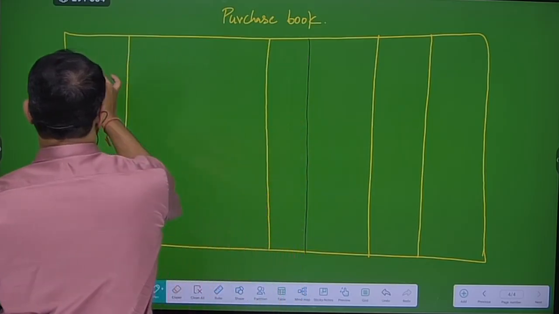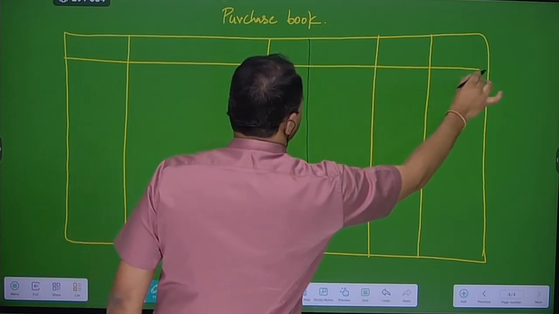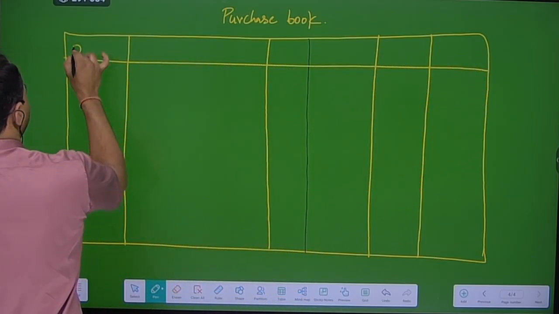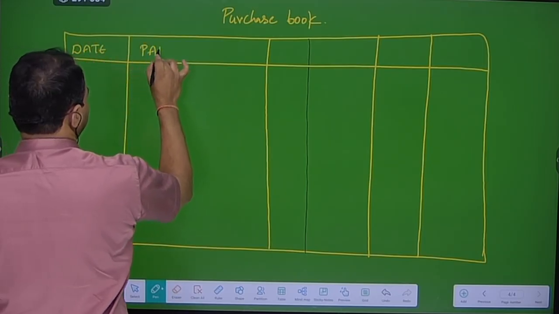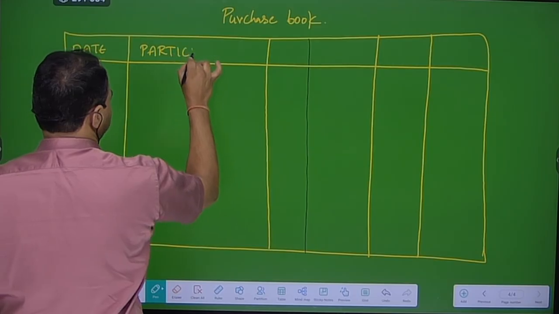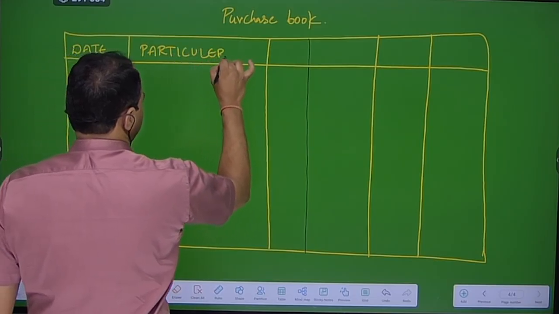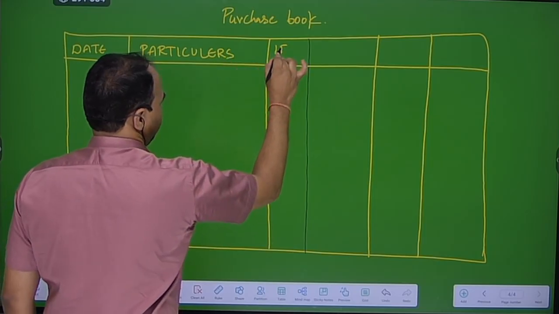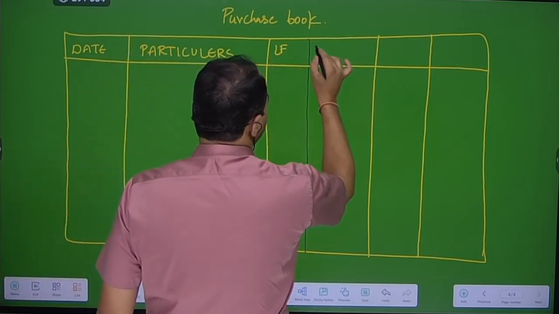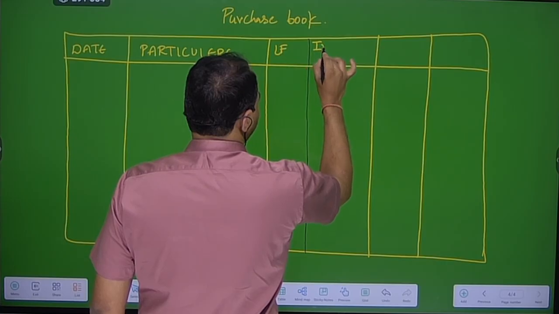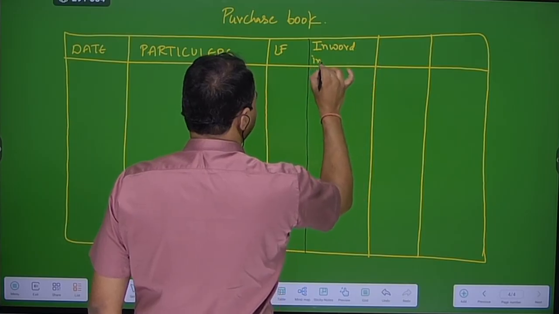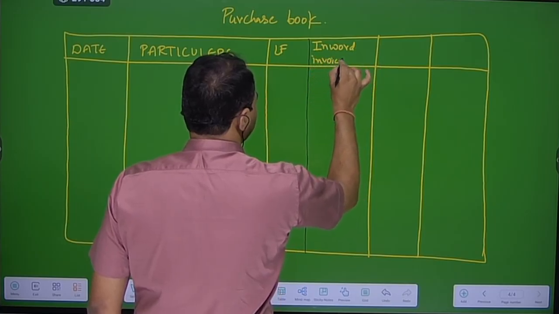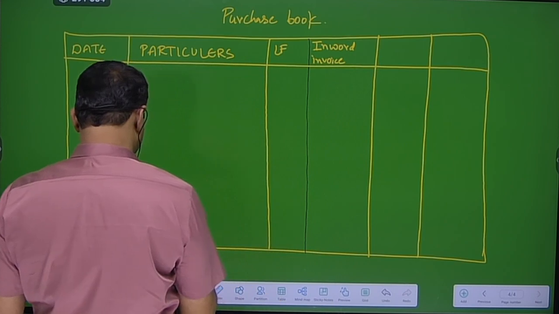Okay, see, this is the format: date, particulars, LF. LF means ledger folio number. Next, inward invoice number. Here I will write in capital letters, beta, inward invoice number.